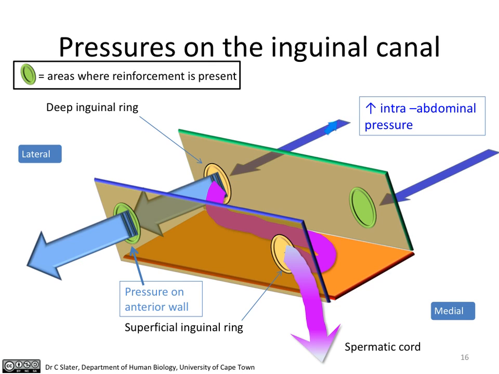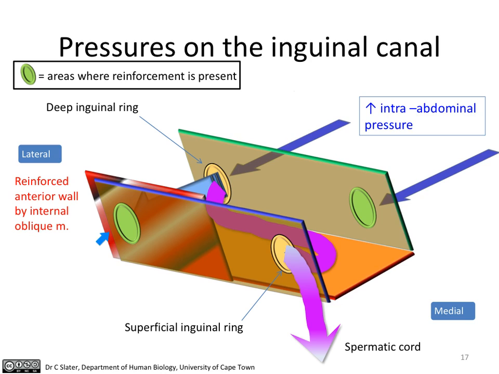We can see that if the pressure just acted unopposed, then there would be a tendency to force structures out through the deep inguinal ring and push up against the anterior inguinal canal wall over here. There would then be a tendency to try and force structures through the anterior wall in this part over here.